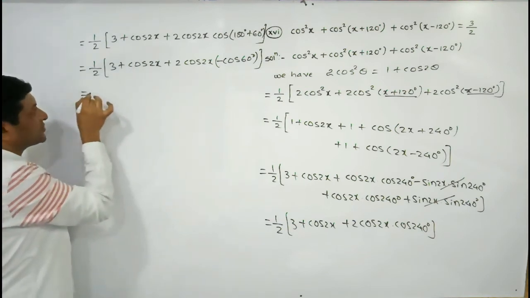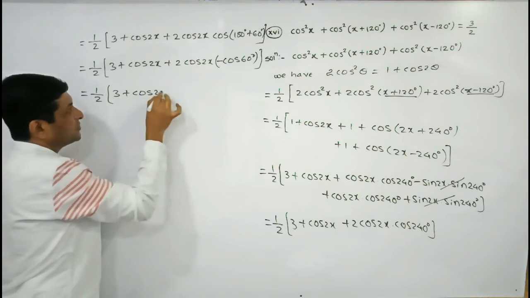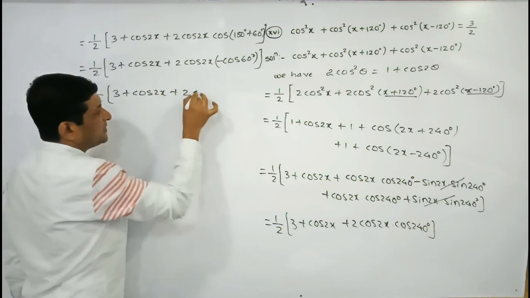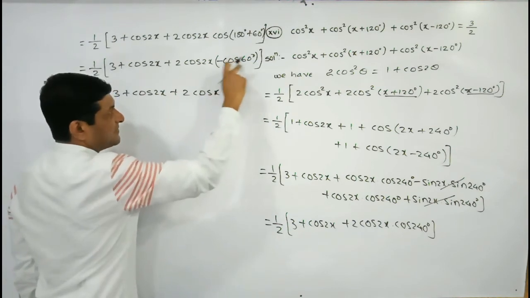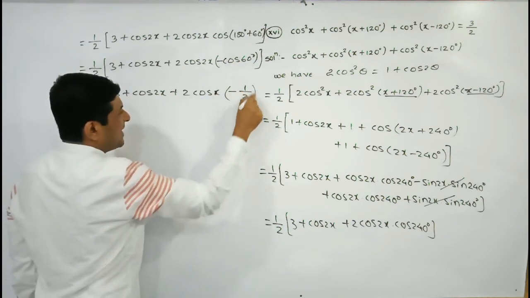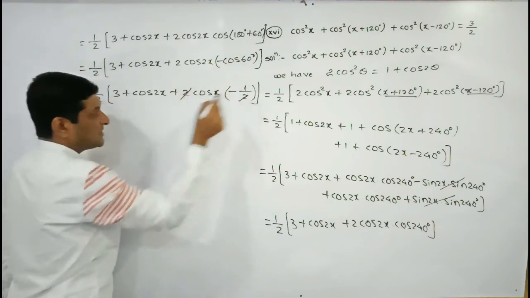So which is equal to 1 by 2, keep it as it is, this 3 plus cos 2x plus 2 into cos 2x as it is, minus also as it is. What is the value of cos 60? It will be equal to 1 by 2. Replace cos 60 by its value 1 by 2. Here 2 and 2 will get cancelled.